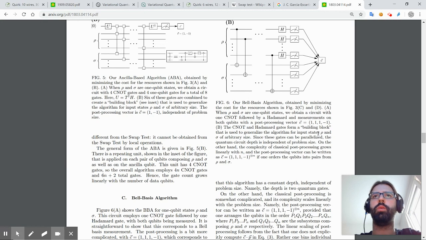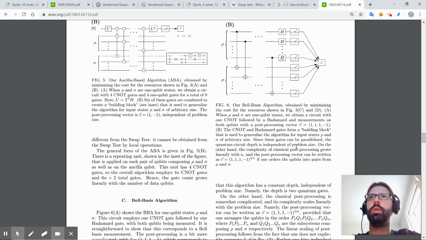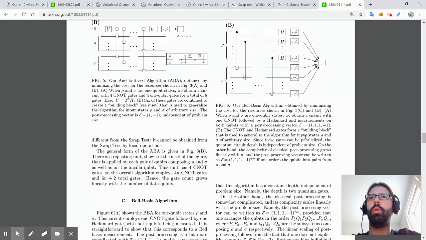We obtain a circuit with one CNOT followed by Hadamard and measurements on both qubits, with a post-processing vector c equals 1, 1, 1, minus 1. What is this though? Okay, so the CNOT and the Hadamard gates form a building block that is used to generalize the algorithm for input states.